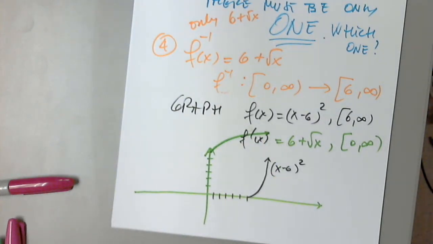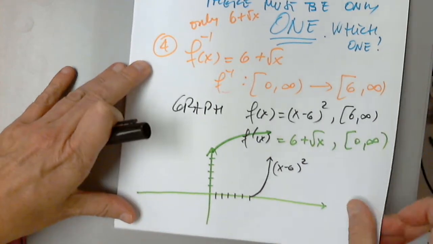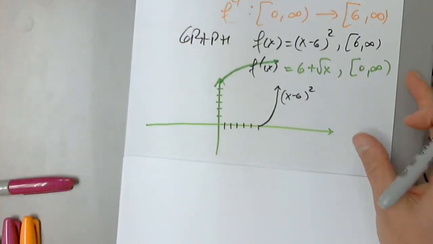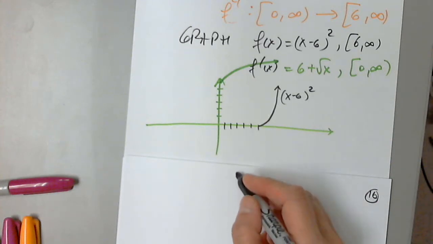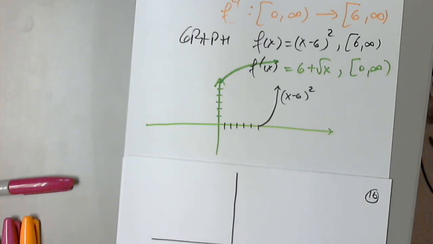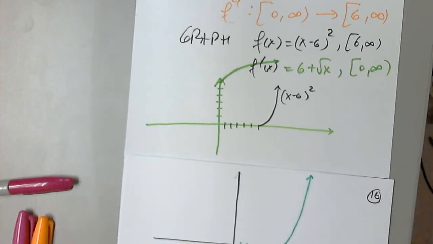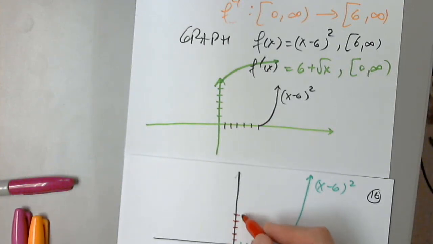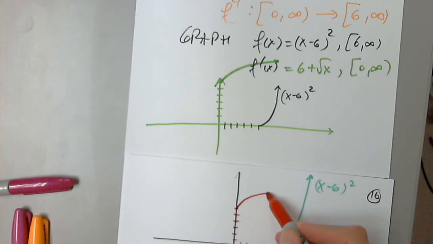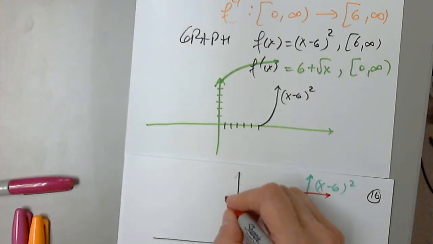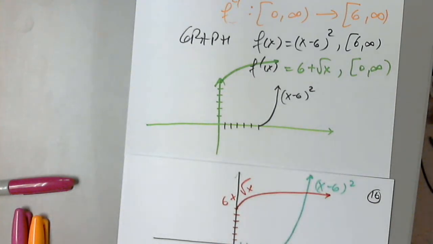I did not plan correctly because I wanted to show you, and I'm going to graph it one more time because I need to show you something very interesting and very important. 1, 2, 3, 4, 5, 6. And that's the x minus 6 squared. And then this is 6 plus the square root of x.